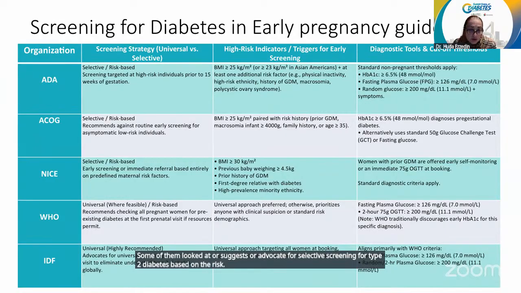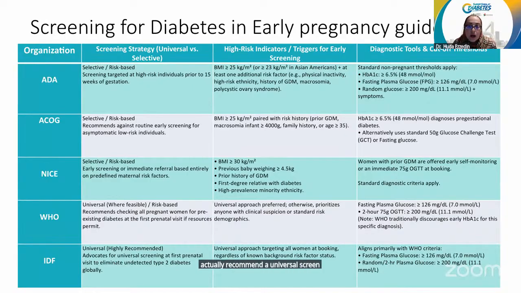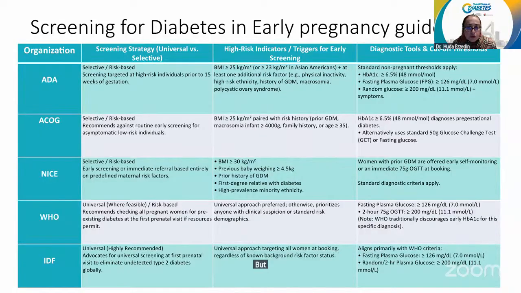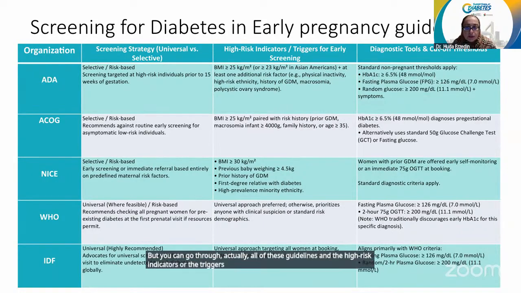Others, like WHO or IDF, actually recommend universal screening because of the high prevalence of type 2 diabetes. But you can go through all of these guidelines and the high risk indicators or triggers for early screening. This is nothing new to you.